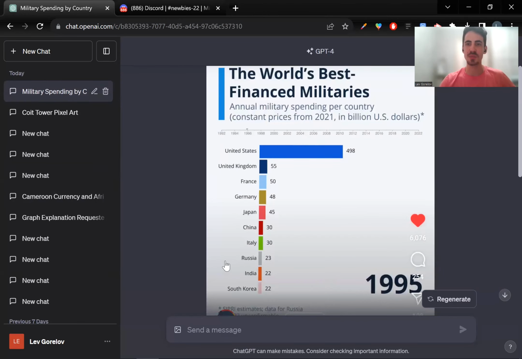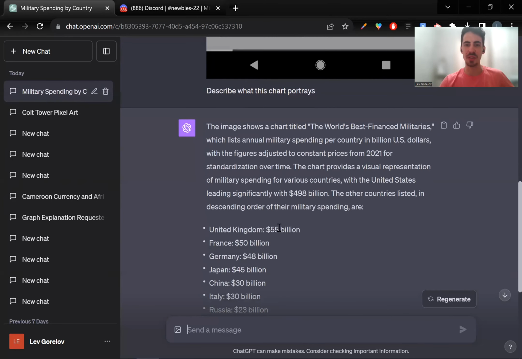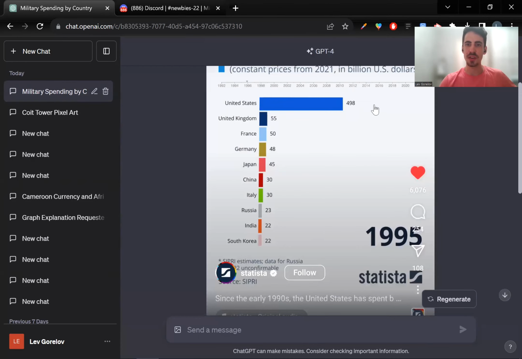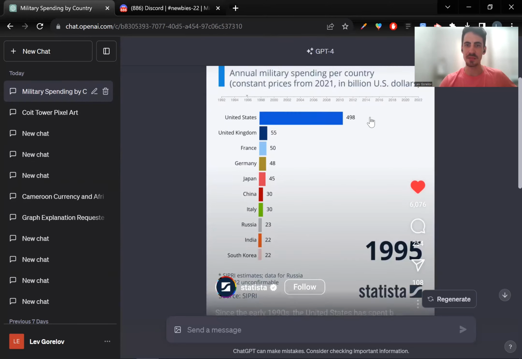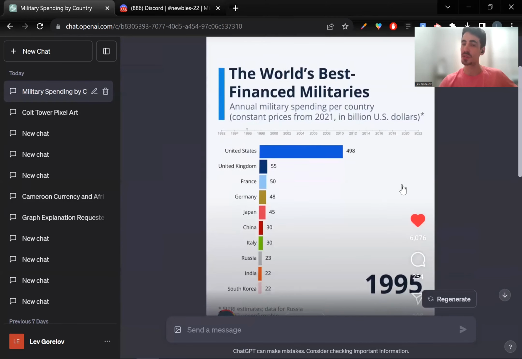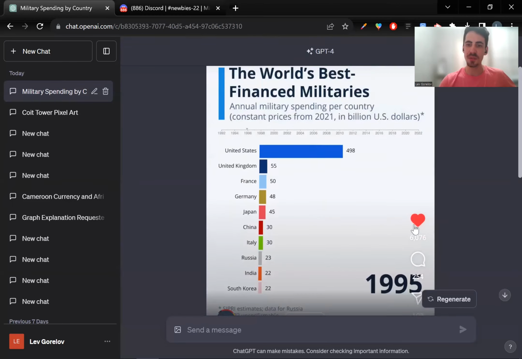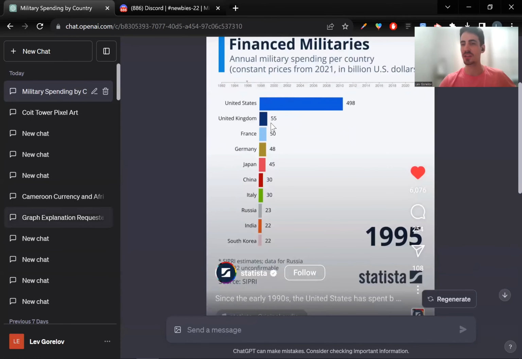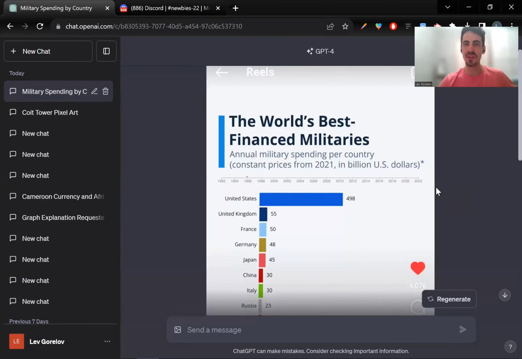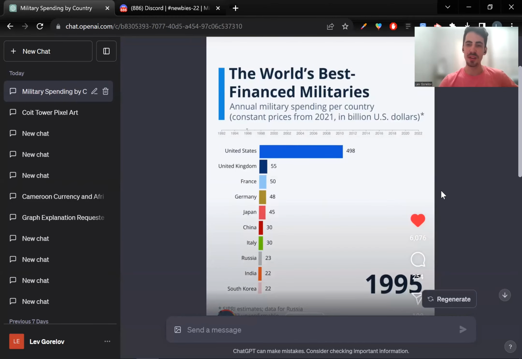There is some information which it has a hard time extrapolating, and it's information which is not directly apparent in what it means. It did some deduction when it realized that this 498 refers to the United States and it's in billions of dollars, because up here it says in billions of dollars, which is pretty impressive. But when you need to take it a few extra logical steps, like interpret that this arrow and this number are related to each other, it's not that good at extrapolating that information.